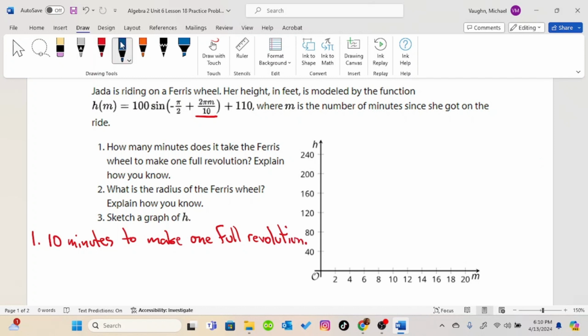Number 2, what is the radius of the Ferris wheel? Explain how you know. Well, the radius is the amplitude, and the amplitude is the number that we multiply sine by.